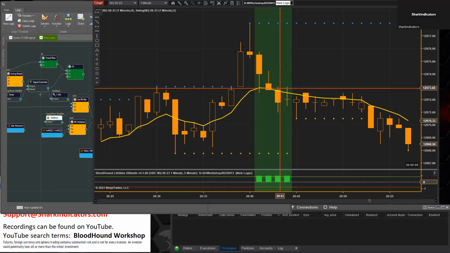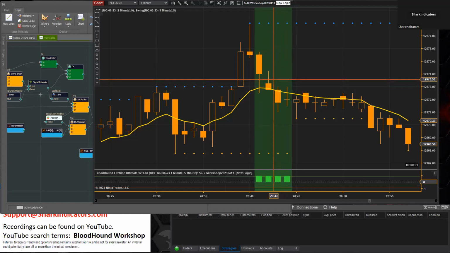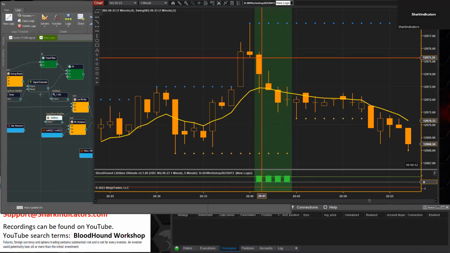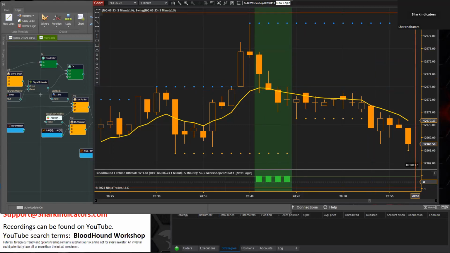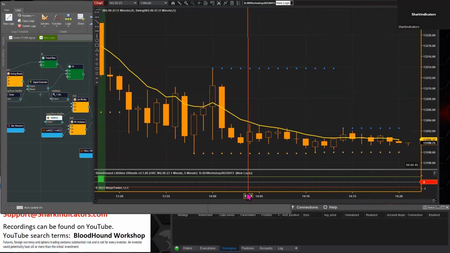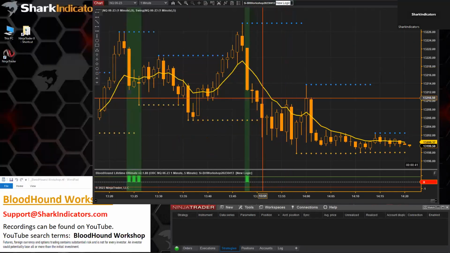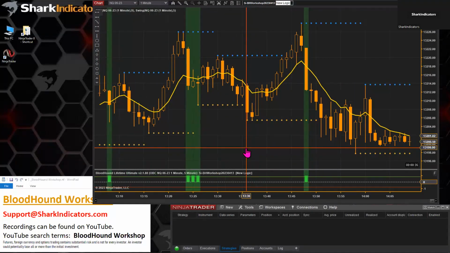But actually, if the order gets picked up, it's not going to matter if Blackbird gets more entry signals, because Blackbird's not going to keep placing entry orders. So maybe what I'm thinking of may not be an issue. But I am going to scan through here and just see.